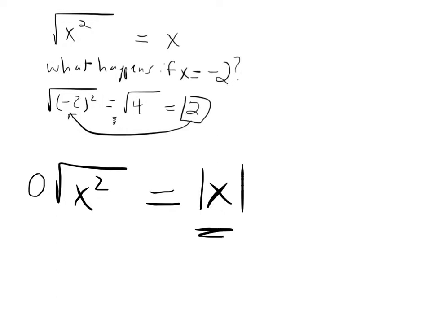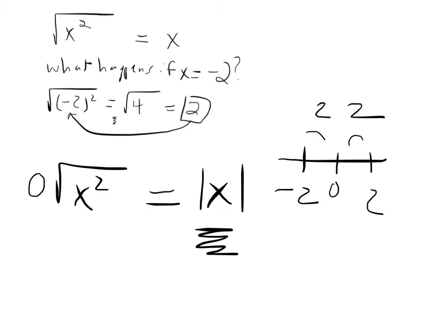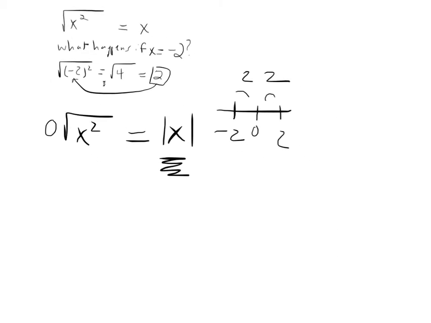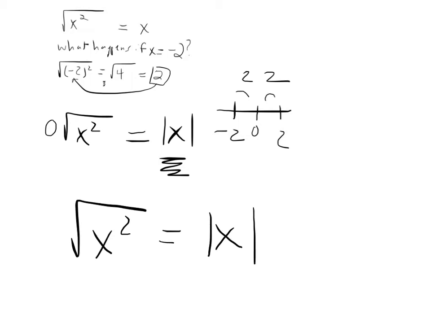And we remember that the absolute value of x represents the distance from x to the origin, and distance is always positive. So if x were positive or negative 2, the distance to the origin is going to be 2 in each case. So, again, from Algebra 1, just a little review, the square root of x squared, one way to keep track of it, is the absolute value of x.